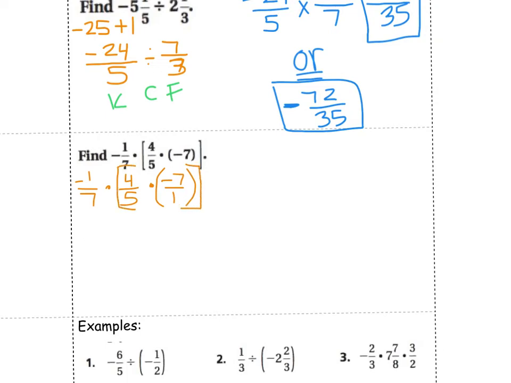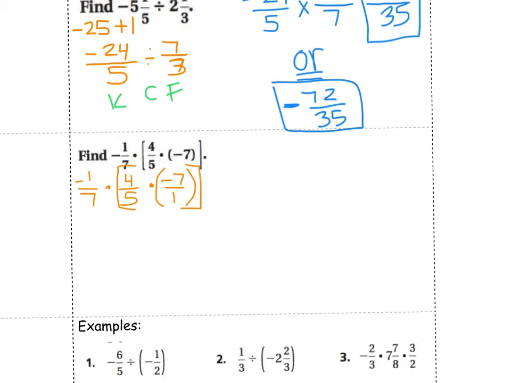So one way I could figure out this problem, because all of the signs are multiplication and none of them are division, I could just multiply straight across. But because multiplication is commutative and associative, I can do something kind of different.